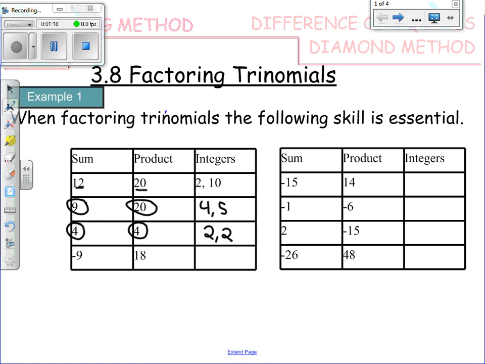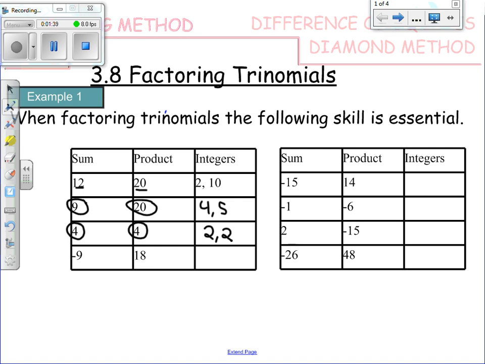So what are things that add to be negative 9 and multiply to be 18? That's annoying. Negative 3 and negative 3. Negative 3 and negative 3 would multiply to be positive 9. Negative 3 and negative 6.